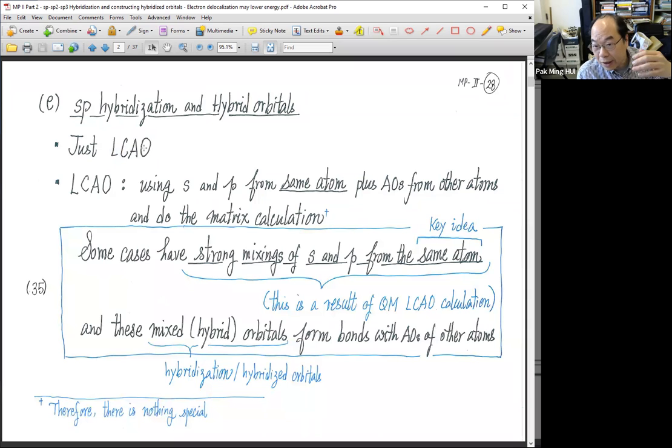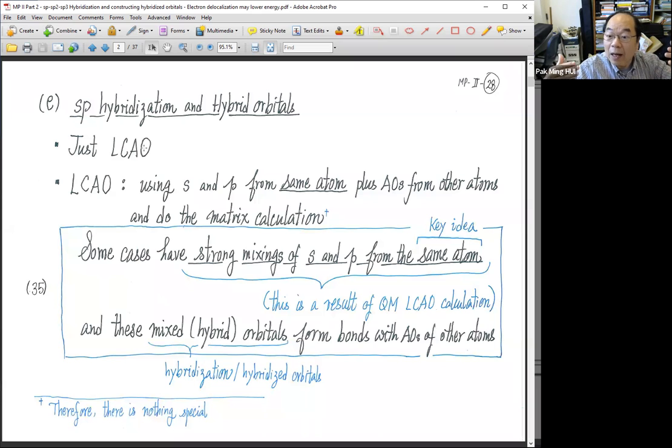But when we discussed LCAO previously, we focused on linear combination of atomic orbitals coming from two different atoms. So I have 1s coming from the left atom, 1s coming from the right atom.